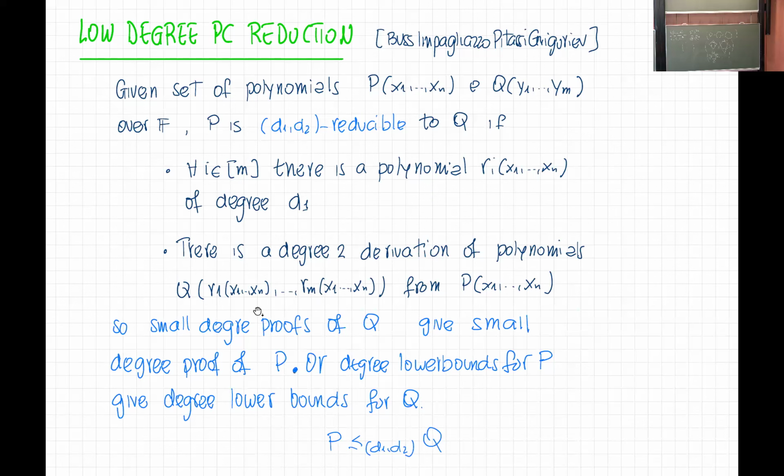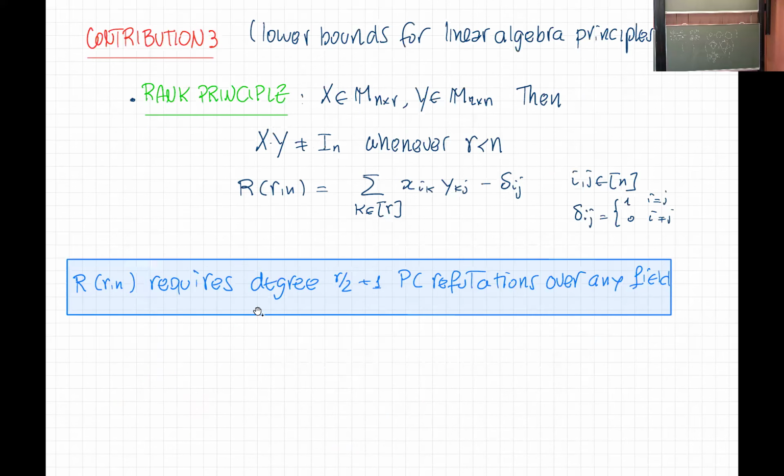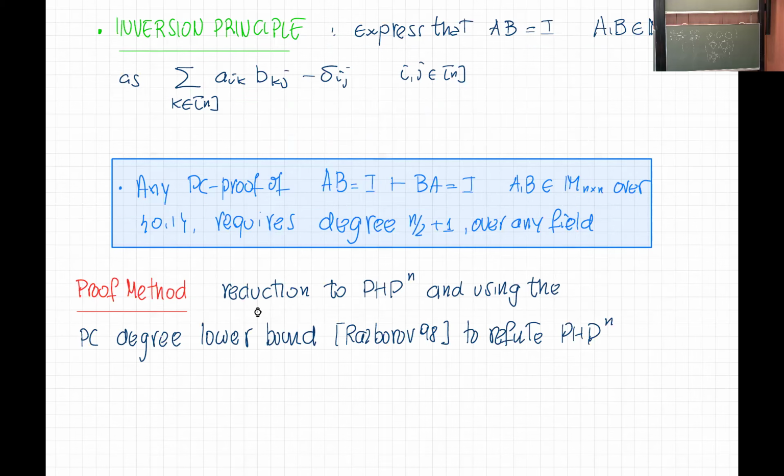So this is what we are doing in general: using certain modifications of the problems, looking at the corresponding computational problems, looking at their reductions there, and transforming these reductions into PC low degree reductions. This is the strategy we are using everywhere for all these results.